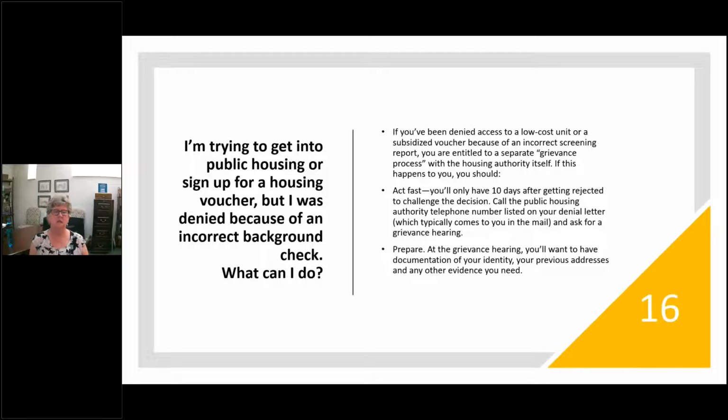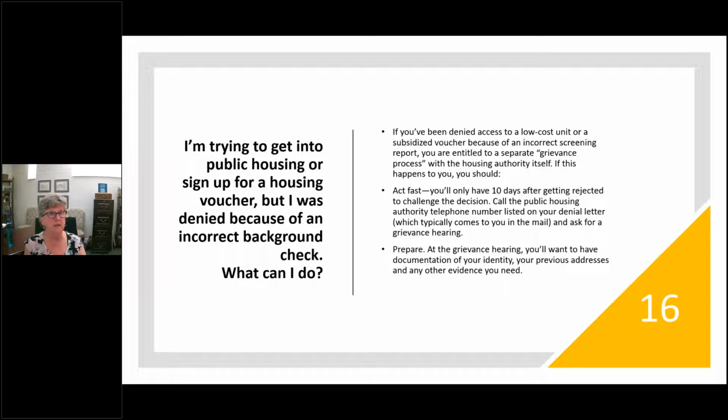Okay, so here's a couple of examples that I wanted to talk about. So let's say you're trying to get into public housing or get a housing voucher, but they deny you because there's a background check that was done and you discover it's incorrect. What can you do? Okay, you are entitled to that grievance process that happens with the housing authority. So if that's the case, you've got a really short, narrow window after you get rejected in order to challenge the decision.